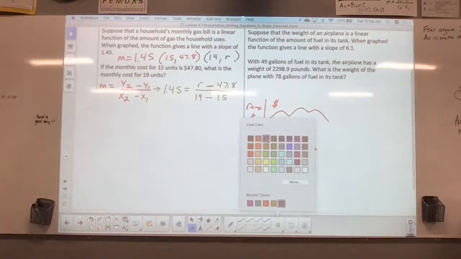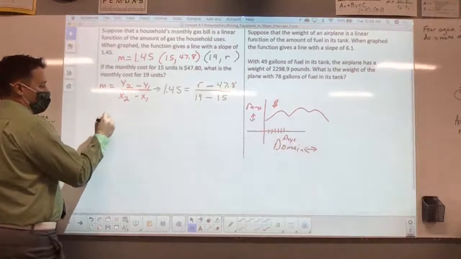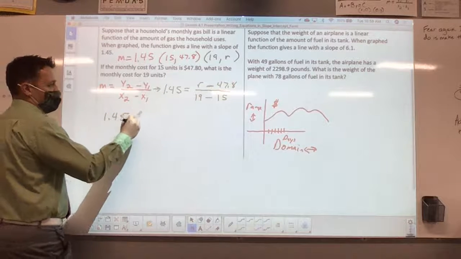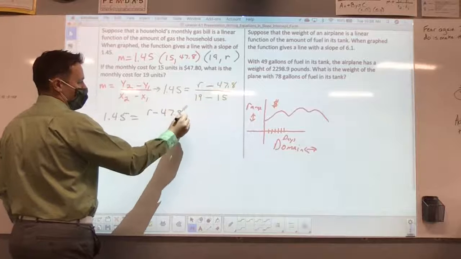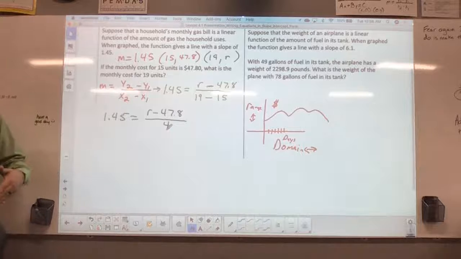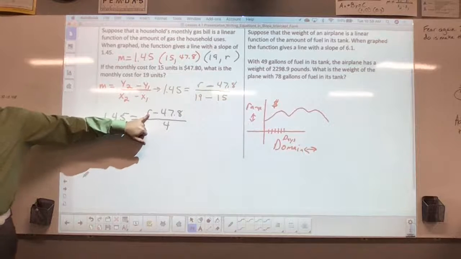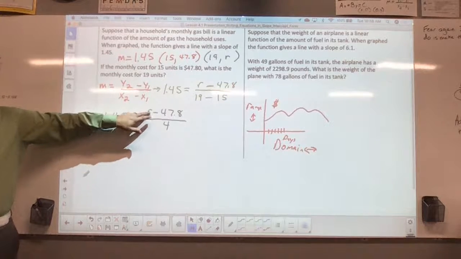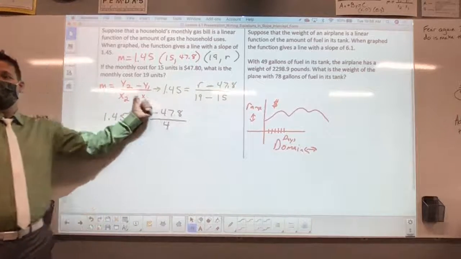Now you have to simplify. So ladies and gentlemen, tell me what's 19 minus 15? 4. Okay, so I'll do it over here. 1.45 equals r minus 47.8 all over what number? 4. Okay, so now you tell me, what is my next step? We're solving for r. Not yet. You want to get everything to which side? We're going everything over to here.